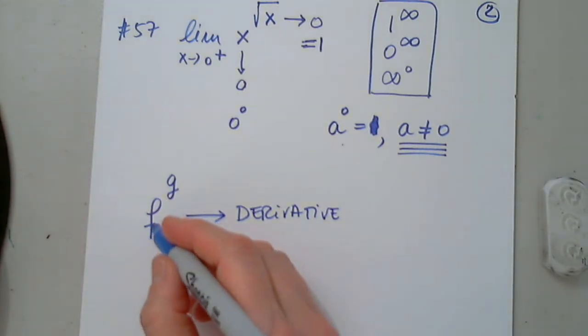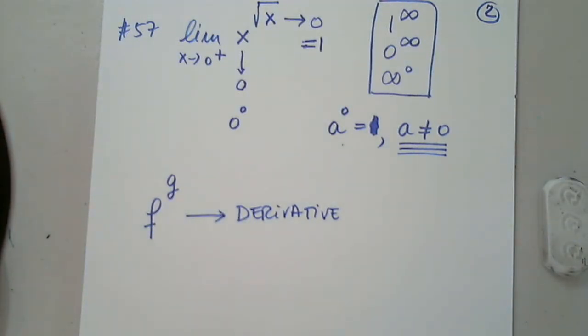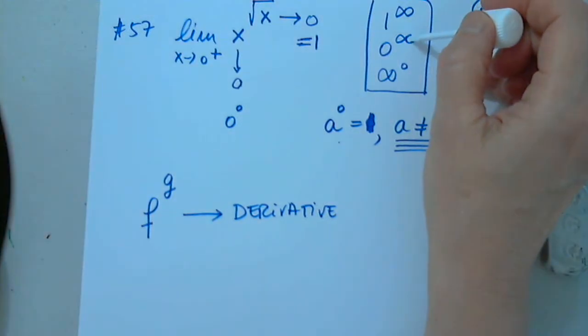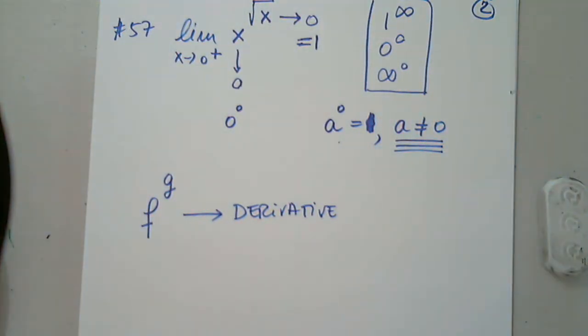Careful. So this is a function and this is a function. Power rule. Careful. Chain rule. Careful. Logarithmic differentiation. Thank you very much. So this is 0 raised to 0, sorry. I was just thinking about that.